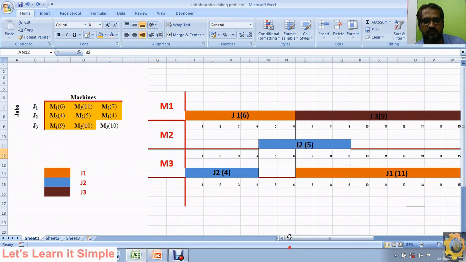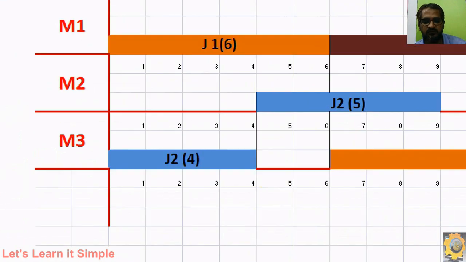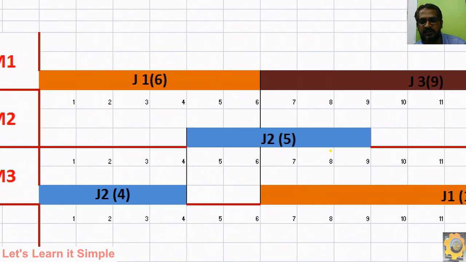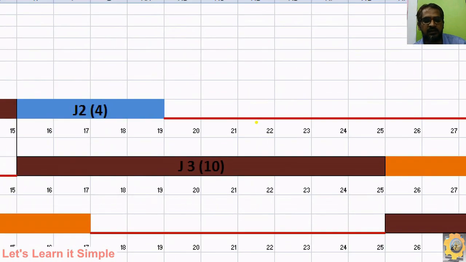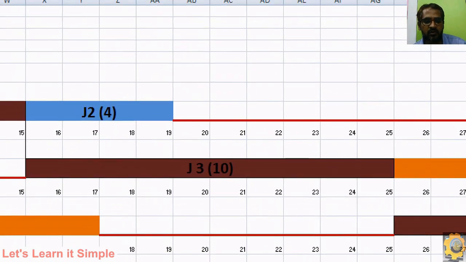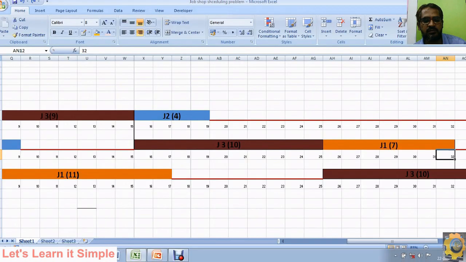Now if you take job 2, it starts with 4. By the 9th time unit, it is over. It has completed machines 1 and 2. Then again, by the 19th time unit, it has completed all its operations in all the 3 machines.